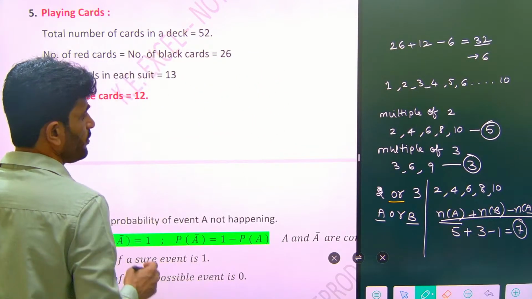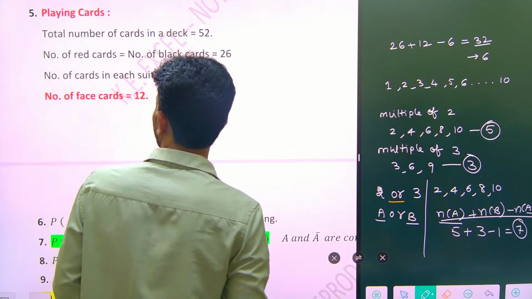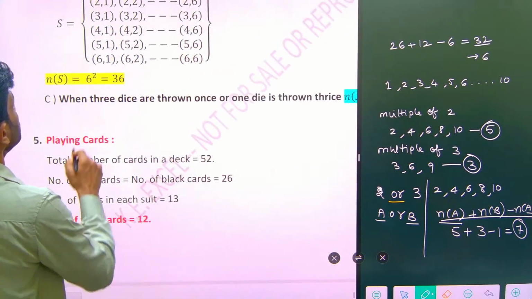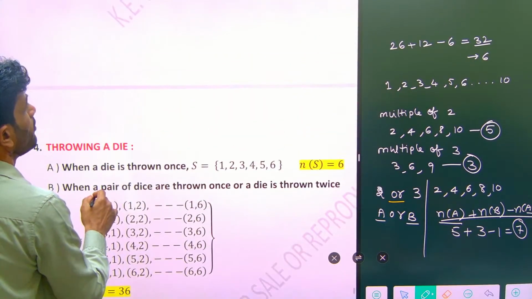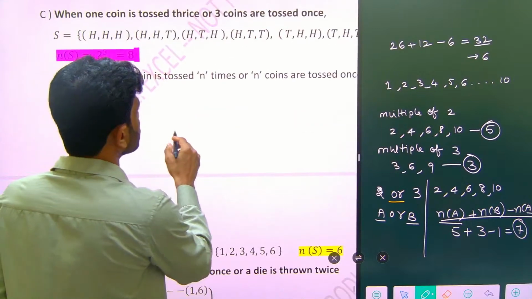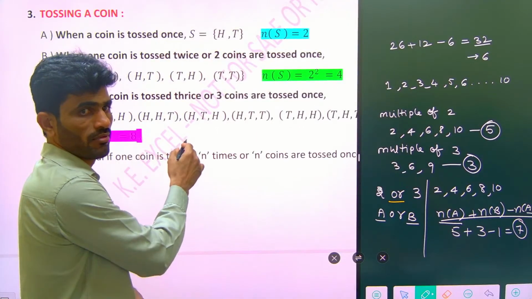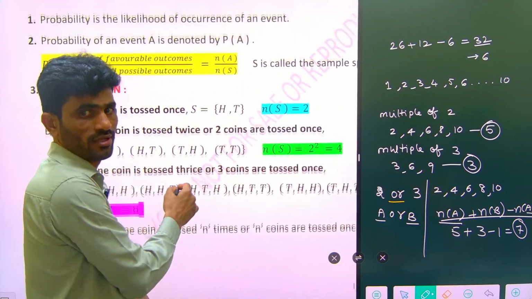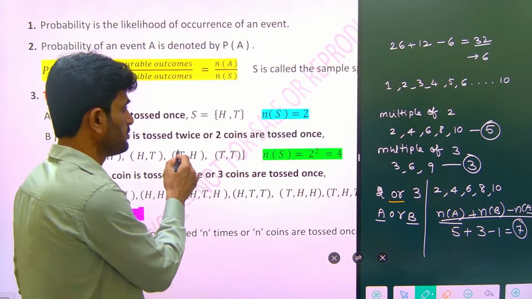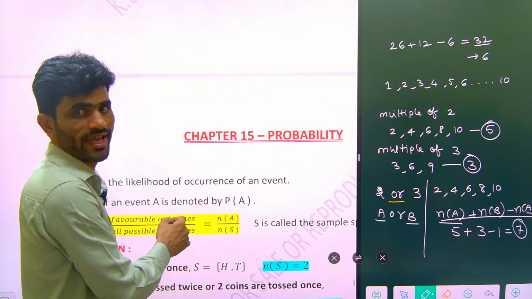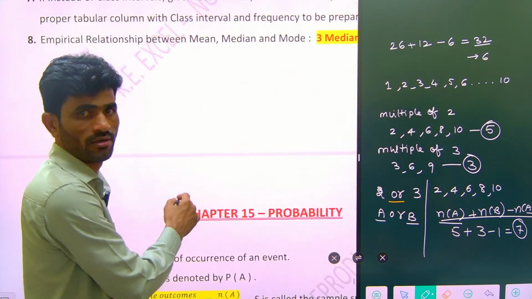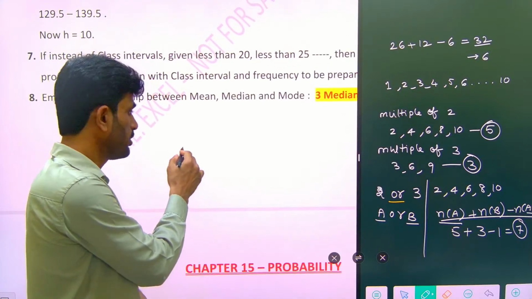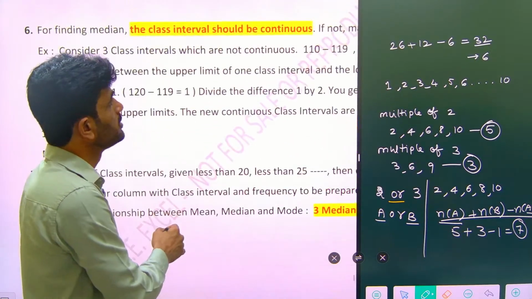Do you remember, all of you, the statistics mean formula? What is the mean formula? Direct method formula for mean. Good, sigma fi xi by sigma fi.